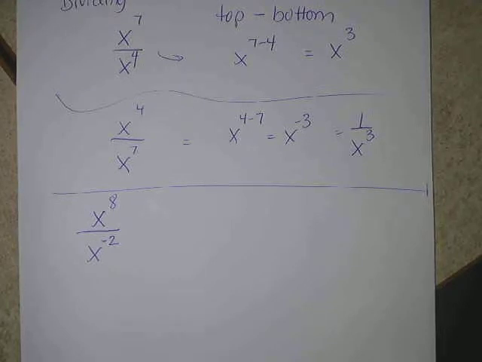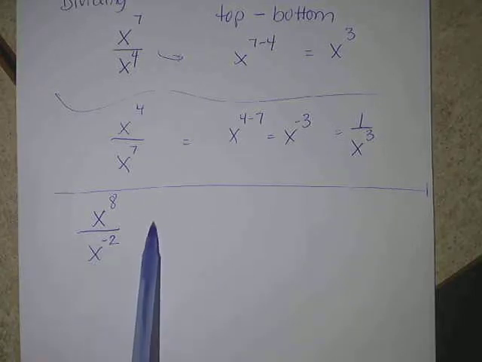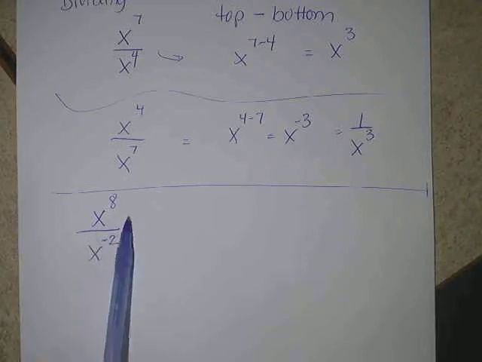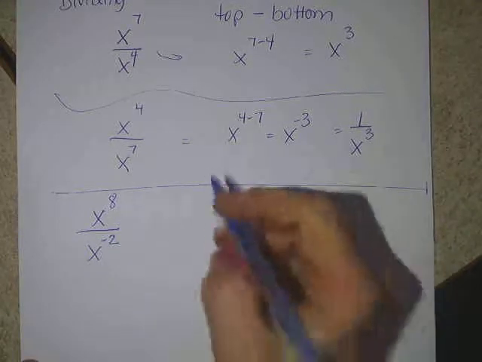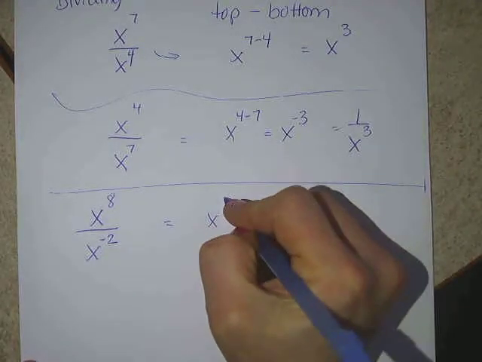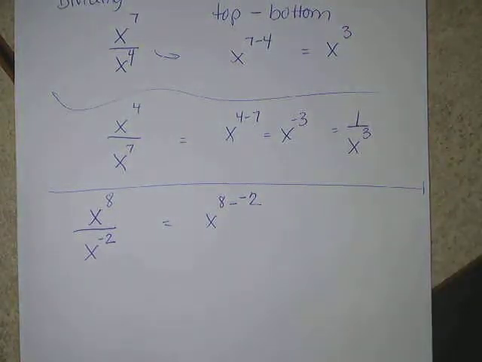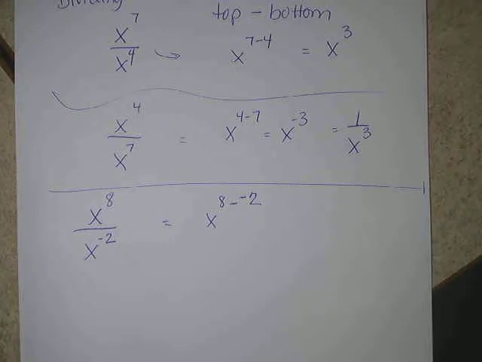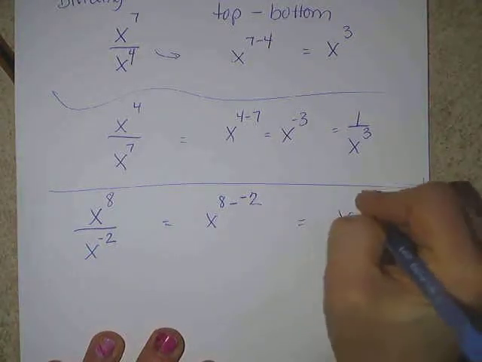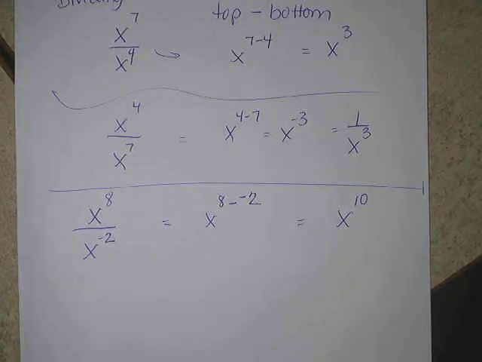Okay, it is convenient to just combine those, but we can't just combine them. The rule is top minus bottom, or if you think of it, if you're bringing this one up, that would make it positive, right? So if you follow the rule and do x to the 8th minus negative 2, then you are adding 8 and 2. So that would be x to the 10th.